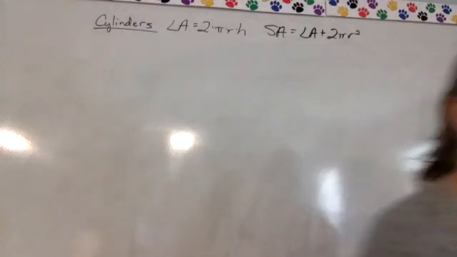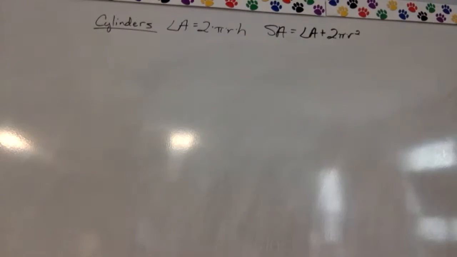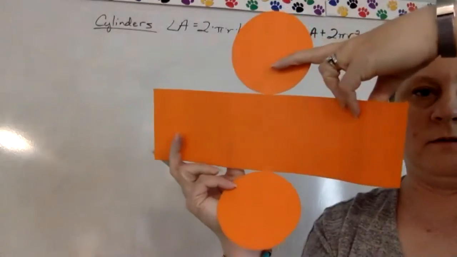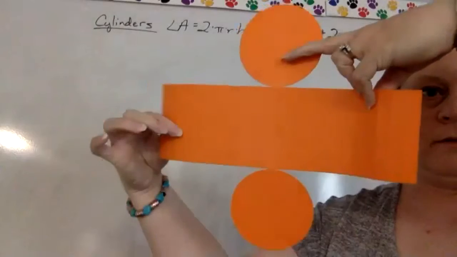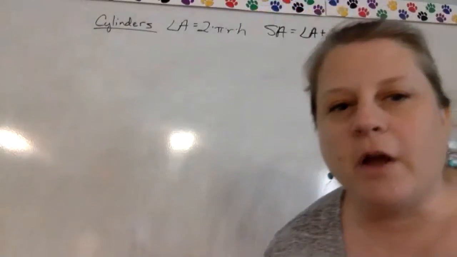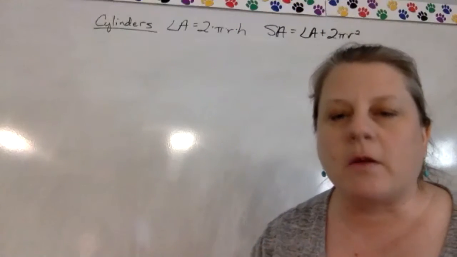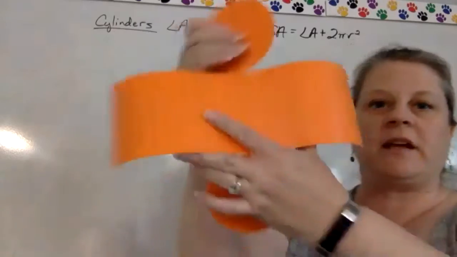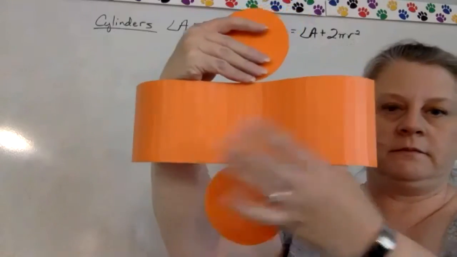So if I take my net and unfold it, what shape is the part that goes around?